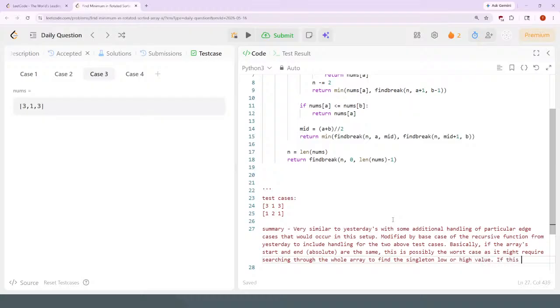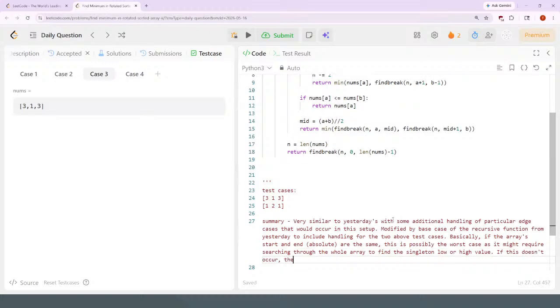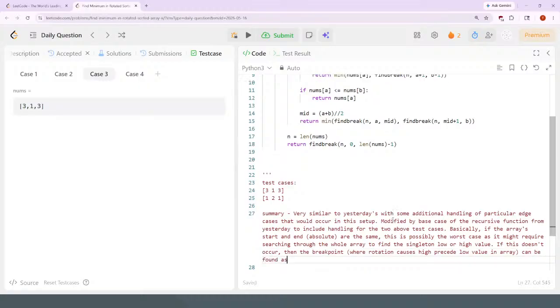If this doesn't occur, then the rotation causes the high value to precede the low value in the array, and the breakpoint can be found as normal.